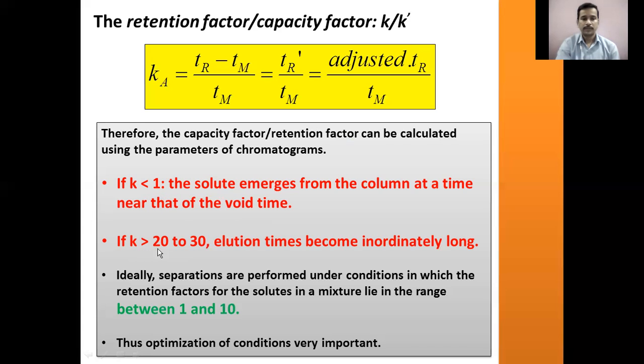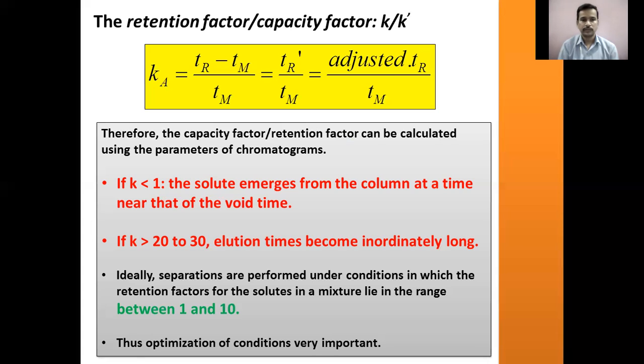If the value of capacity factor is greater than 20 to 30, then definitely the retention time for that solute is going to be inordinately long. It means that solute is having greater interaction with the stationary phase, and there is zone spreading while forming the band in the chromatographic column, and that solute is not ready to come out early.